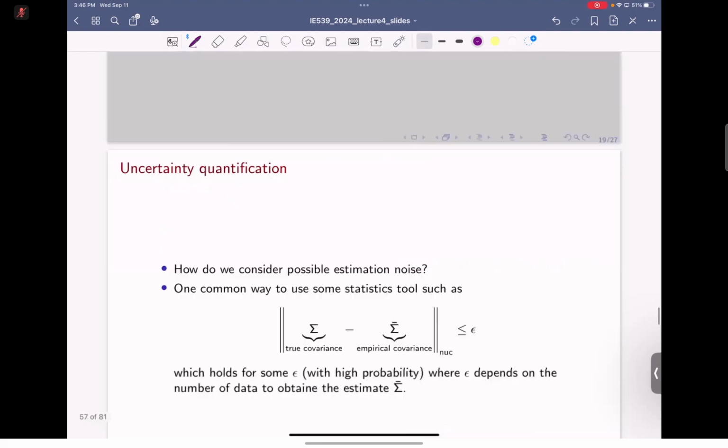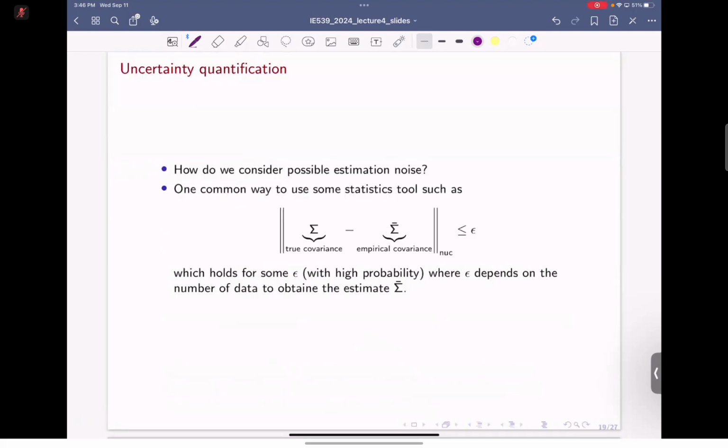The estimation noise is coming from statistics. You can even prove that, if you have enough data, the estimation errors can be bounded. So I can set some number epsilon here if you have a large data set.